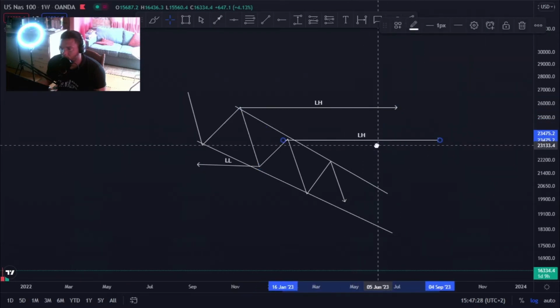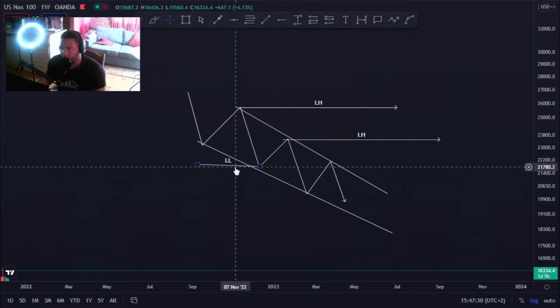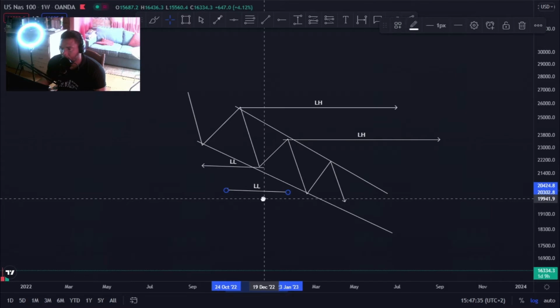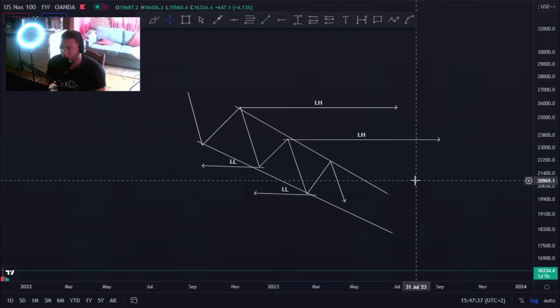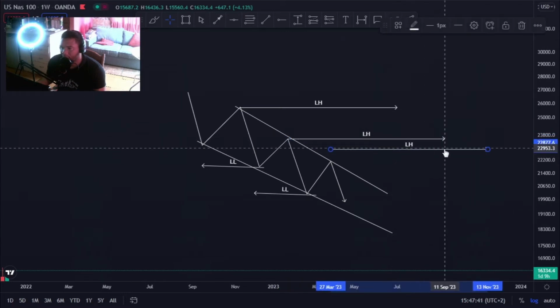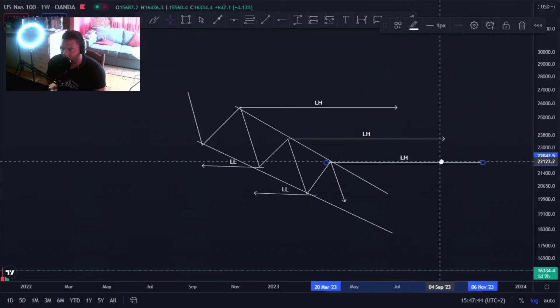So now we can just bring it down. Lower high, just copy that, lower low. You guys will see how this will fit in play once we get into the market, right?